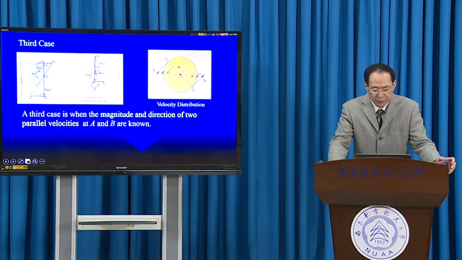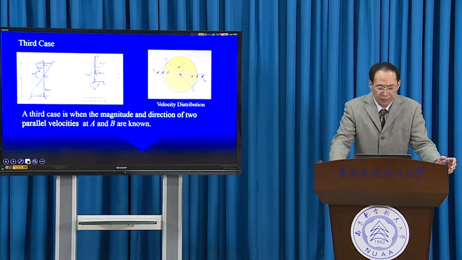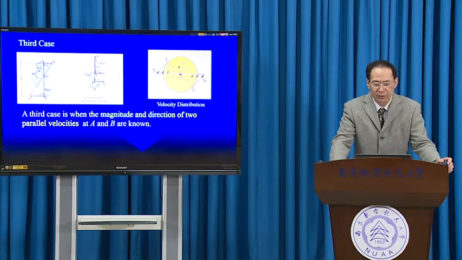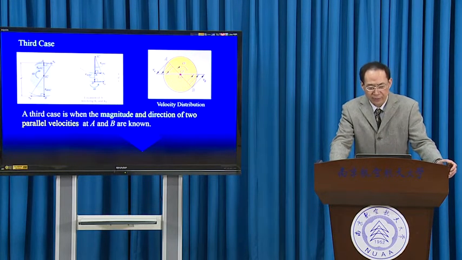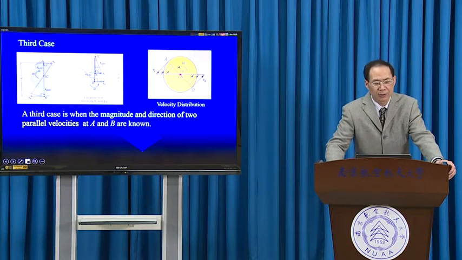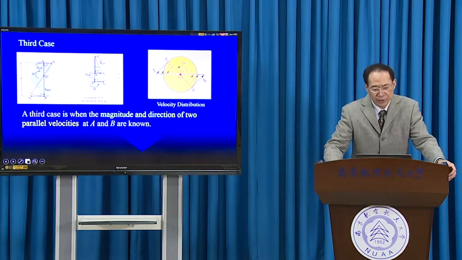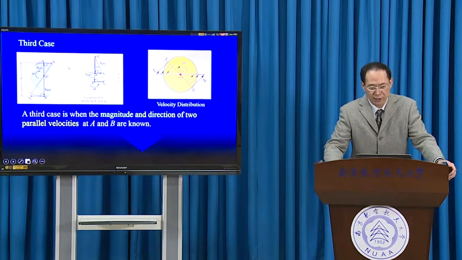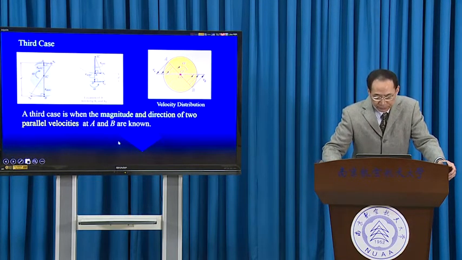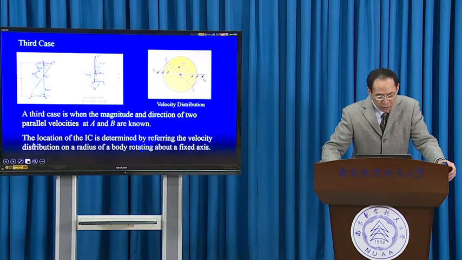So in the left case and the right case, both use the method of drawing a connection line between the heads of the two velocities and finally get the intersections. The intersections are the instantaneous center of zero velocity for this third case. So this is a conclusion.